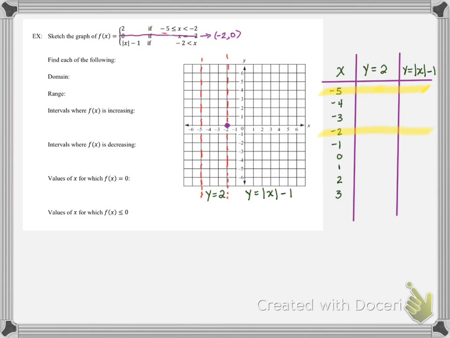At -5, which rule am I using, the top one or the bottom one? The top one. And we're going to use that all the way up to -2, so I'll just make my x here so I don't forget. And when x is -5, what's y? 2, right? It's a constant function, so no matter what x is, y is 2. Is that point going to be open or closed?